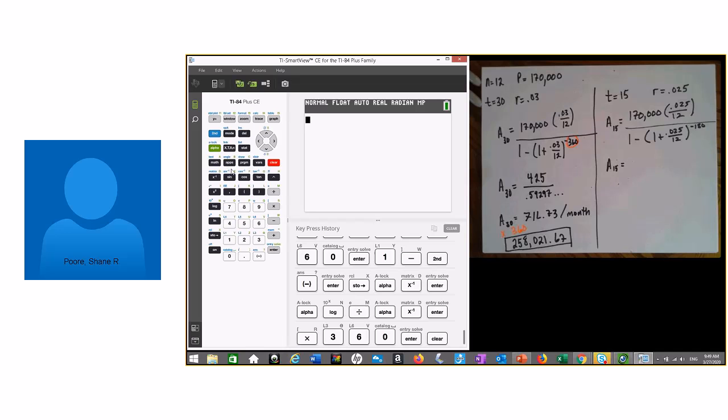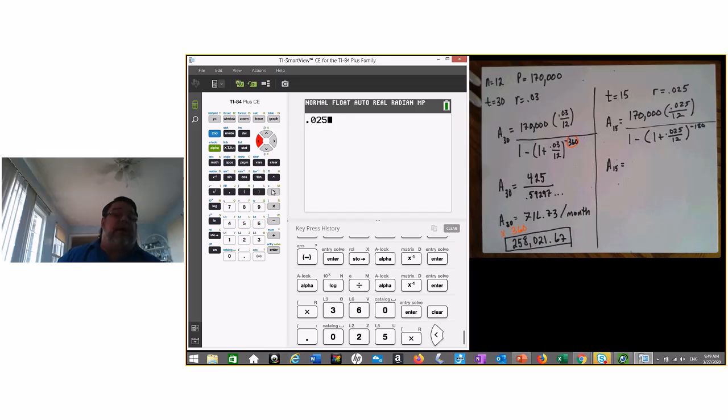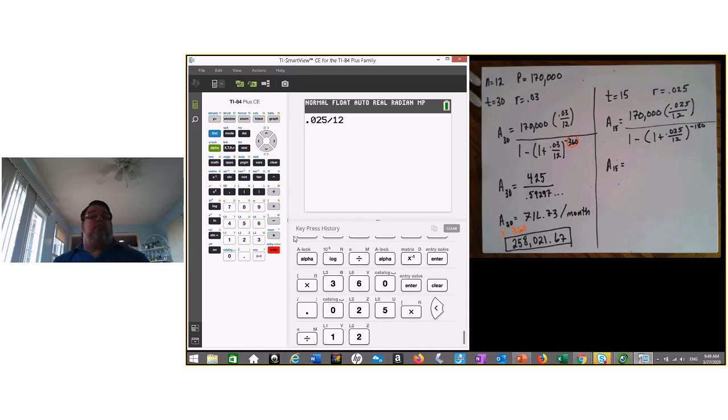So 0.025 divided by 12. And there is my new fraction.